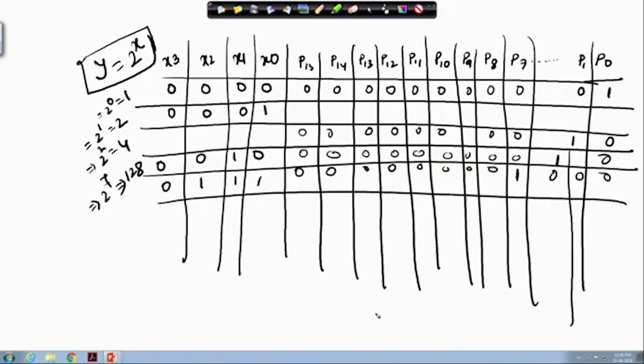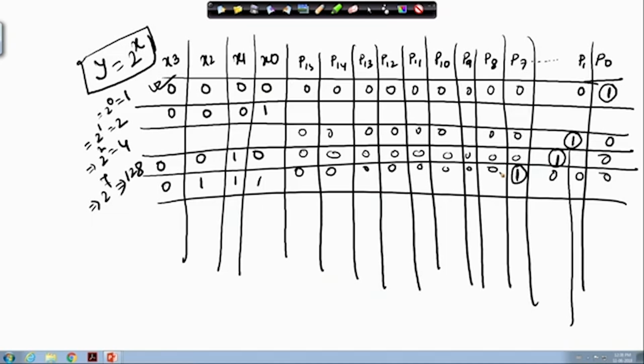If I draw a connection from this, looking at how the output changes with each position of x, and make a connection with the corresponding digital circuit, you will see that this is nothing but a decoder circuit.